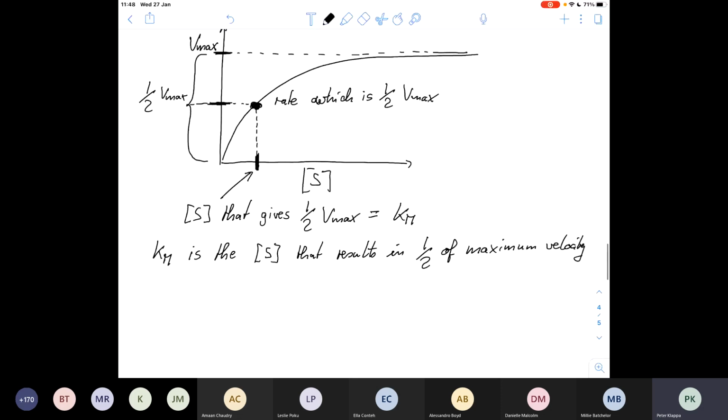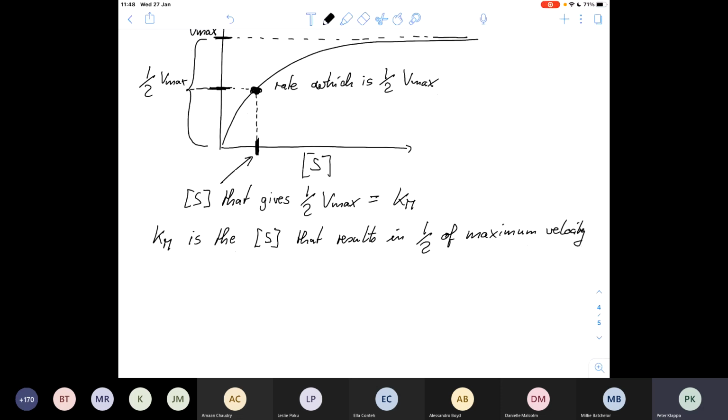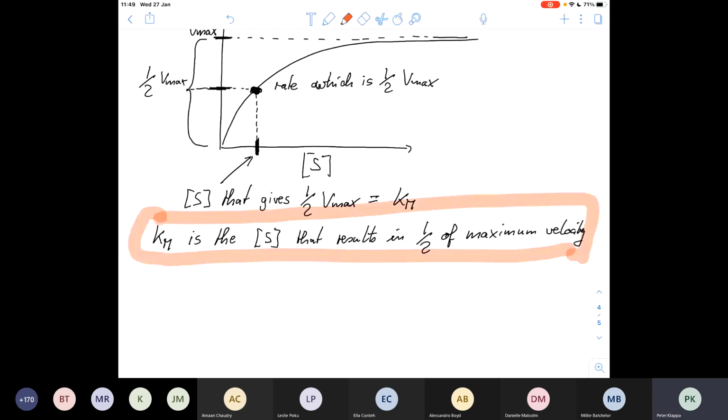So Km is the substrate concentration at which we reach half of the maximum velocity. And please bear in mind, Km has the unit of the substrate concentration.